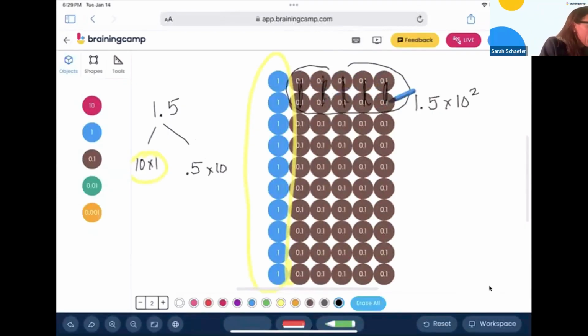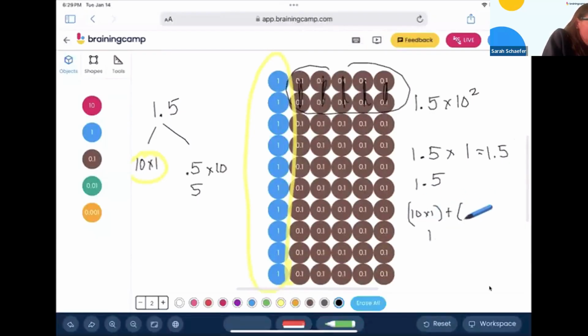And then we can continue and see, okay, well, what happened here? When we had one group, we have this. When we have 10 groups, what happens? Well, the 10 groups of 1 gives us the 1. And then we have the 10 groups of a half. And what does that give us?